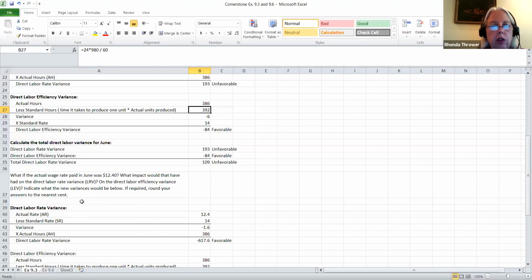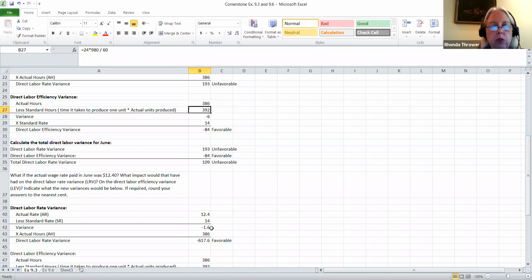And what I did is I just put this back through the formula that we used before, and instead of using the actual rate that they gave us the first time, we're changing that actual rate to $12.40. So that's going to go there. The standard rate is $14. That was given. The difference between the two is favorable.